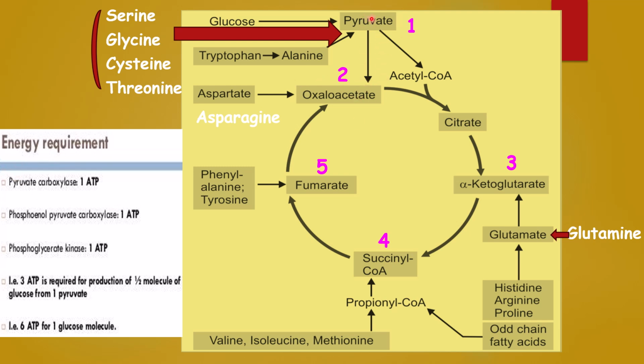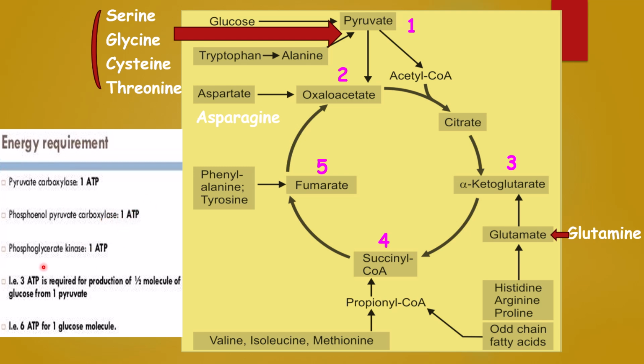In this step, there is a consumption of 1 ATP. Then the phosphoenolpyruvate carboxykinase enzyme is responsible for converting that oxaloacetate in the cytosol to phosphoenolpyruvate. This enzyme also consumes 1 ATP here.